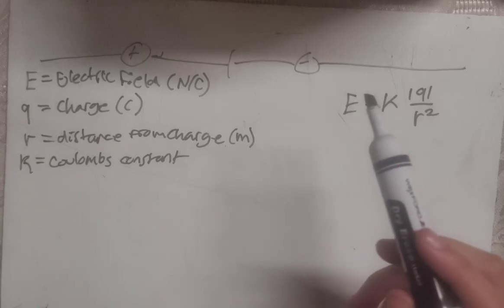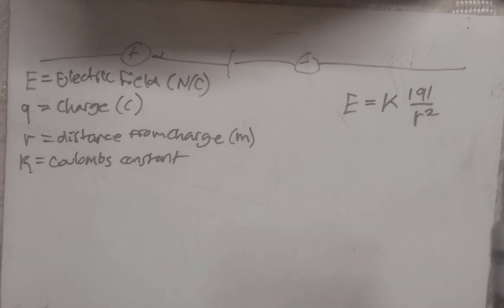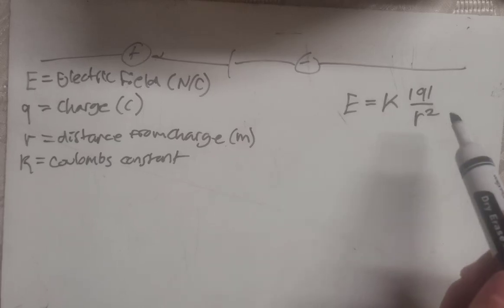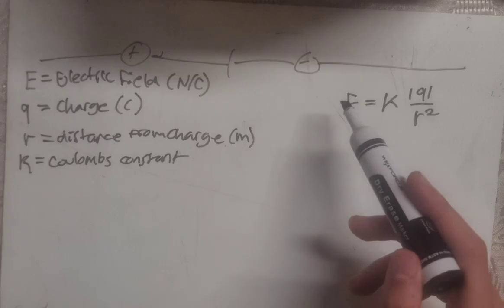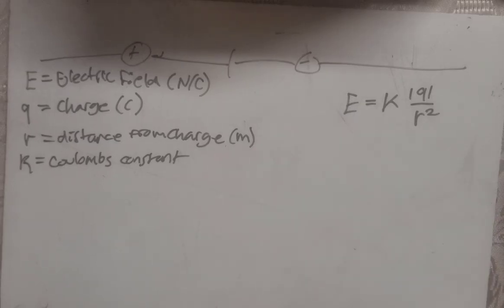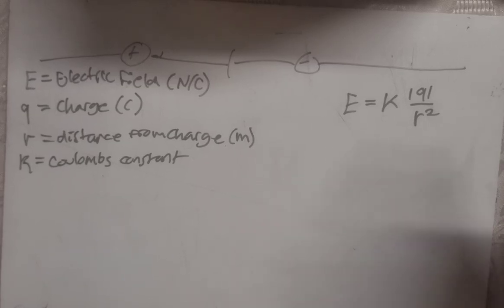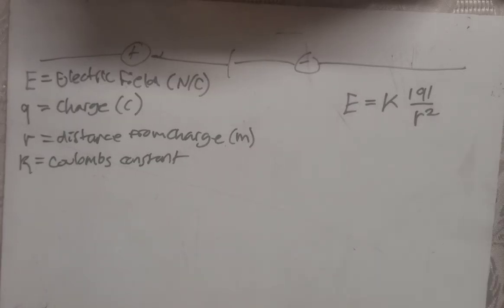The equation for electric fields is shown here, where E equals K times the magnitude of the charge divided by the distance squared. This equation tells us that bigger charges create stronger electric fields, and it also tells us that electric fields get weaker as the distance increases. So even though this problem doesn't have numbers, this equation could really help us understand how the fields behave practically.